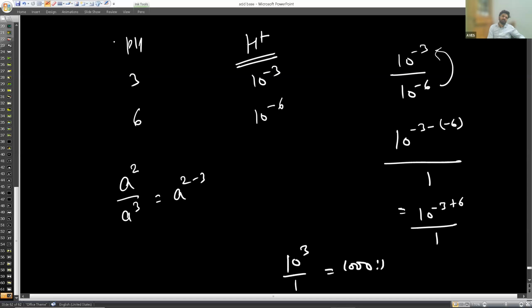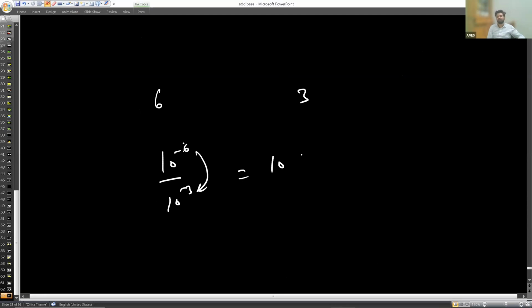Instead, suppose this time the ratio of pH 6 to pH 3 is being asked. In that case, you will write 10 to the power minus 6 upon 10 to the power minus 3. The greater number will change its position. If it is upside, it will go downside; if it is downside, it will go upside.